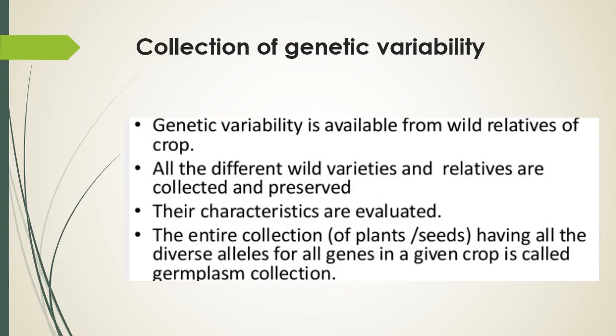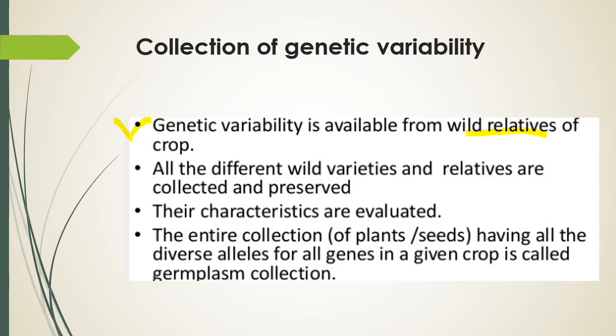And normally we take the variabilities from the wild varieties. So these wild varieties and all the genes, all the alleles have been preserved in the germplasm bank. So we are visiting that germplasm bank and we are collecting the desired qualities, and those characters have been evaluated. Genetic variability normally we get from the wild relatives of the crops.